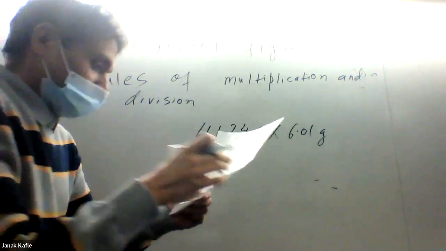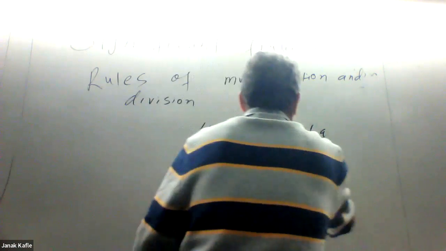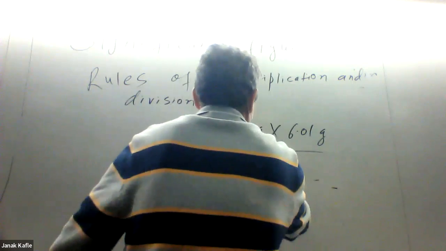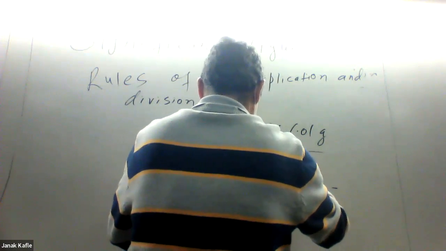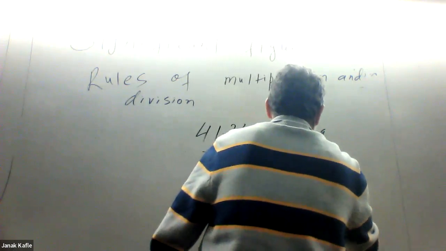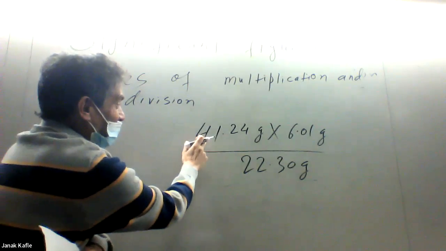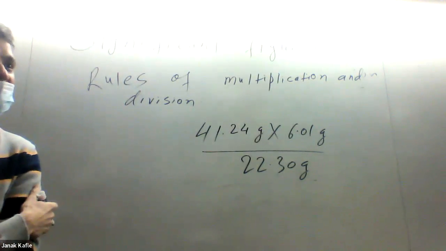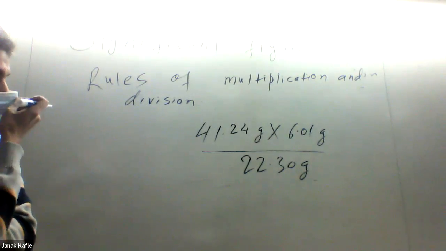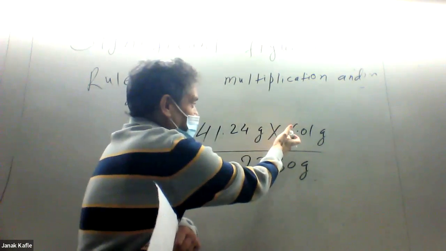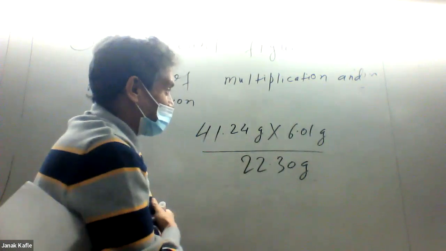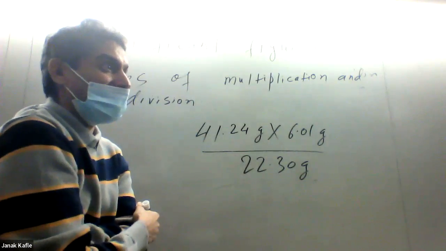And then he divides this by another mass, or volume, I don't know, 22.30 gram. Now, first of all, we need to look at the number of significant figures. So how many significant figures here? 1, 2, 3, 4, everything is significant there, right? Since these are not leading zeros and there are no trailing zeros, all numbers are significant here, right?